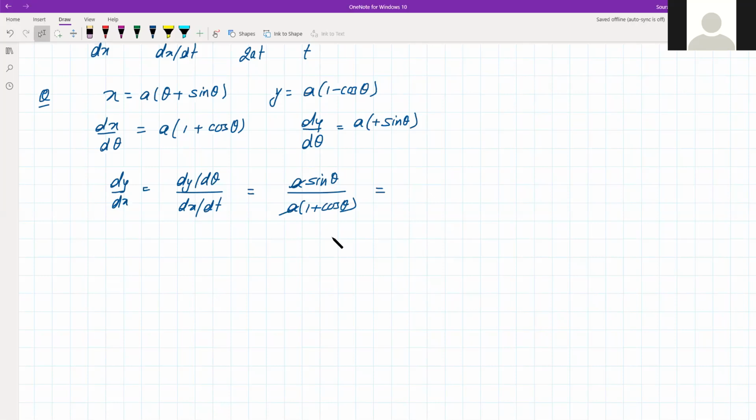Sine theta can be written as 2 sine theta by 2 cos theta by 2, and 1 plus cos theta, we all know, is equal to 2 cos square theta by 2. So now this 2 gets cancelled, cos square cancels with one cos theta by 2, and our final answer is tan theta by 2. So this is the simplified version of our answer.